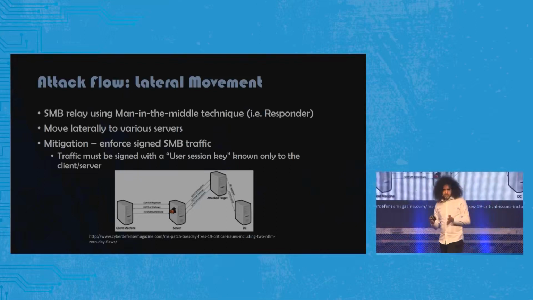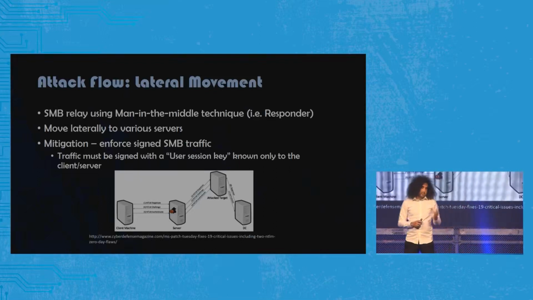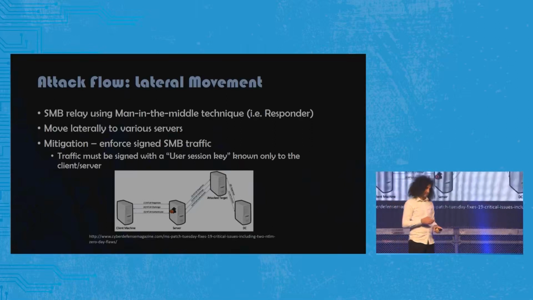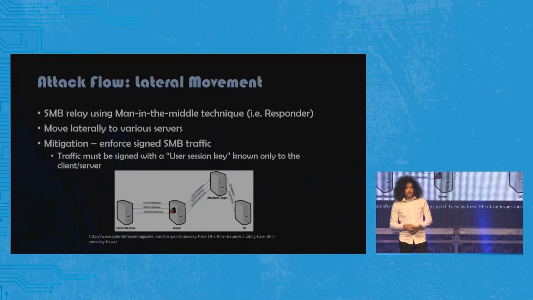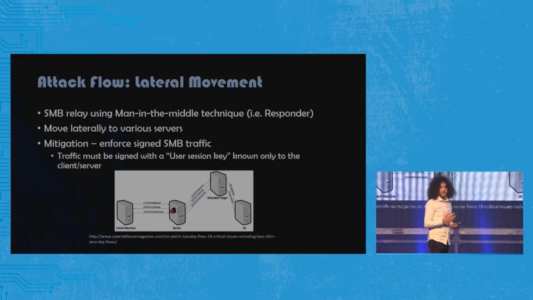The most common technique to do that without having user credentials is by using man-in-the-middle tools, such as Responder. With these tools, the attackers can relay user authentications towards their target servers.